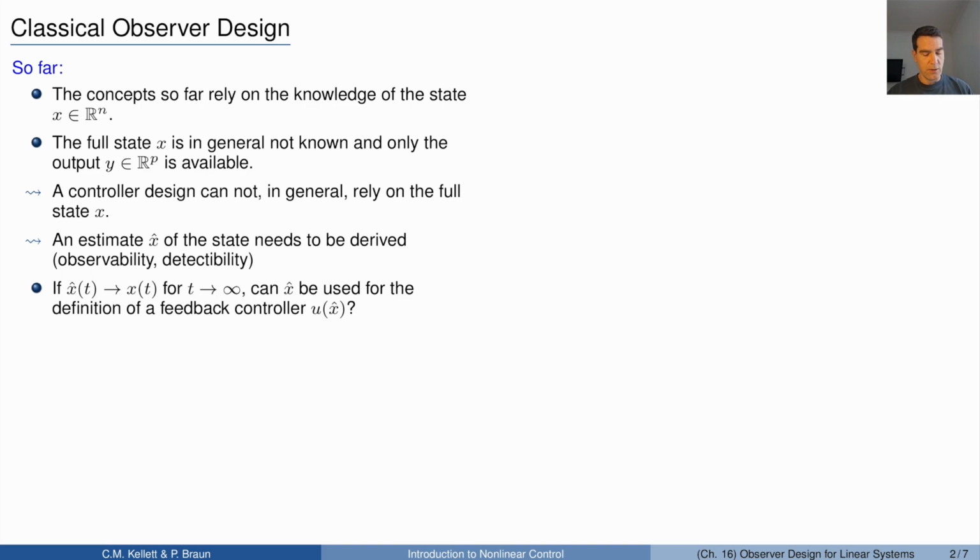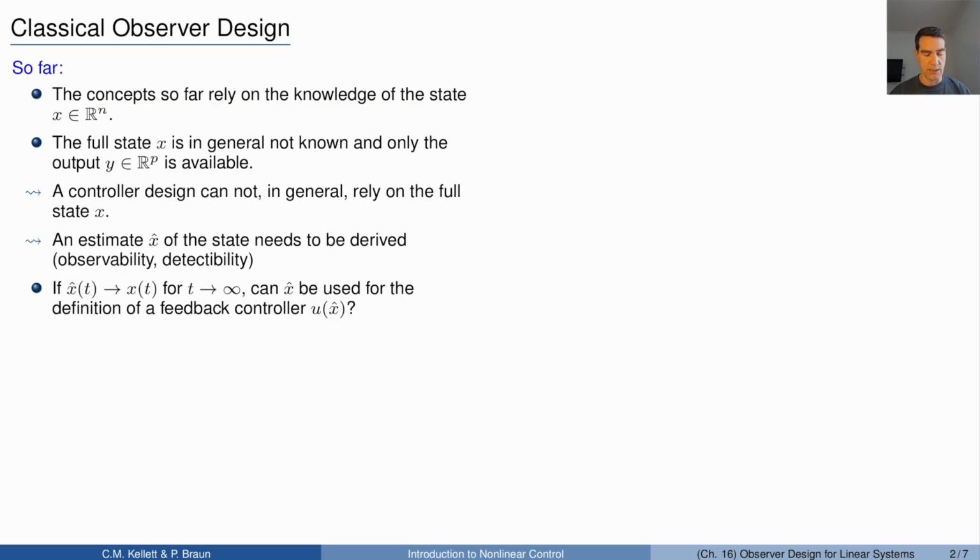If we only have measurements y available but not the full state x, well, that means that we cannot design our controller based on x, and we can only define it as an output feedback controller, meaning we can only use the information contained in y to define the controller, or we need to define an observer.